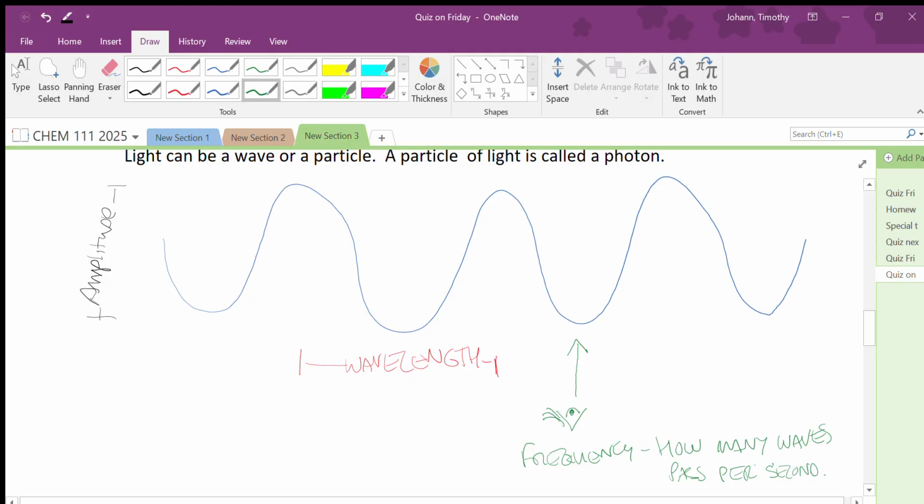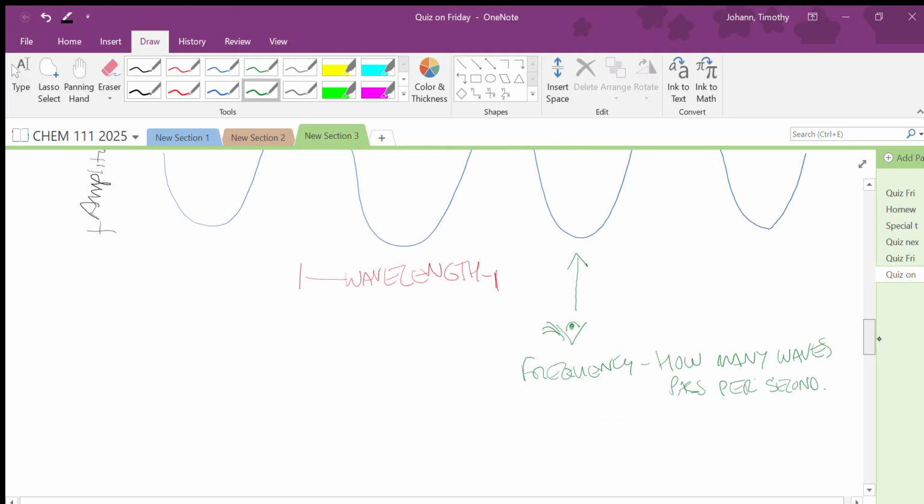Can you kind of picture that? If you were standing on a pier and watching waves go past, you could watch from the top of one wave to the top of the next wave, and then divide by how many seconds that was, and then you'd have waves per second.